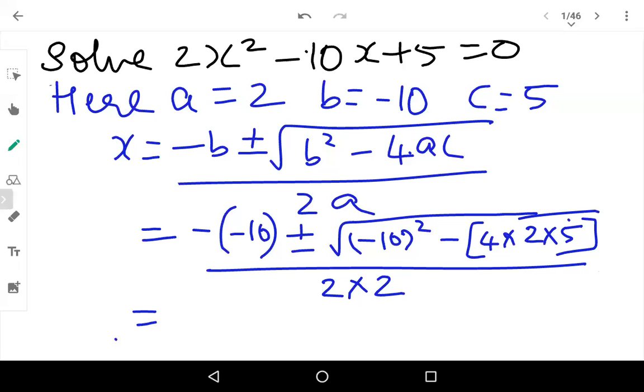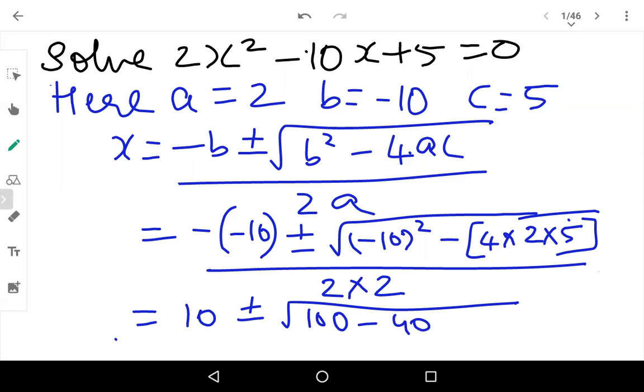Okay, so minus of minus 10 is plus 10, plus or minus square root of 10 square is 100, minus 4 2s are 8, 8 5s are 40. 2 2s are 4. Fine. Now moving on to the next step.